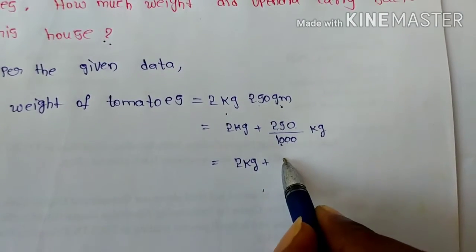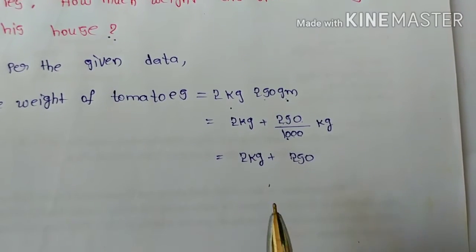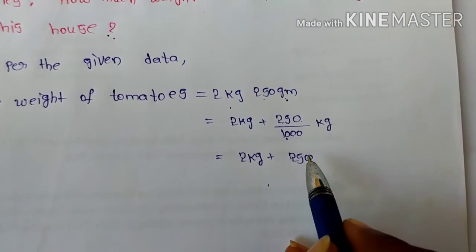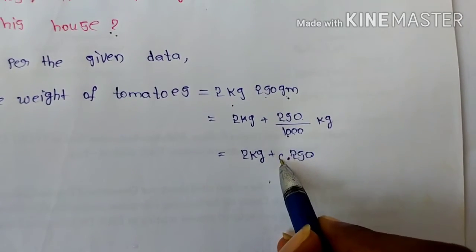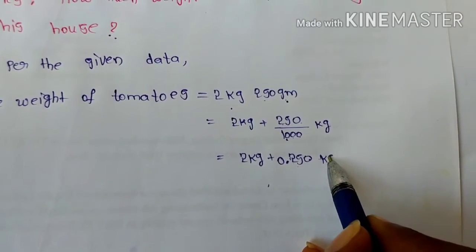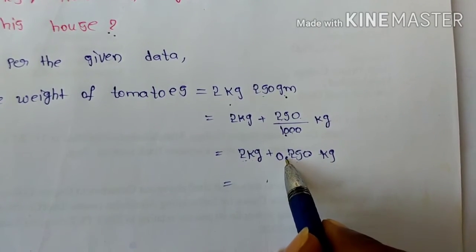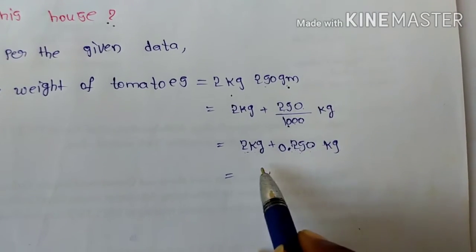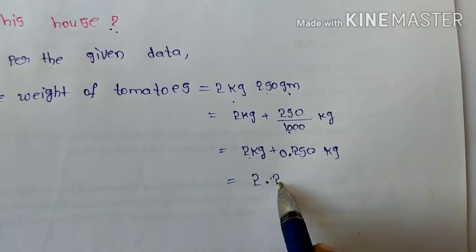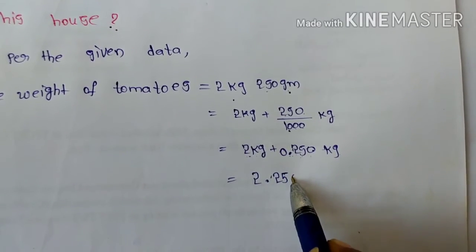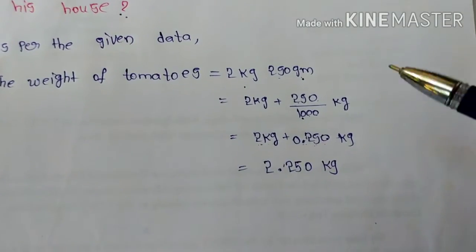So 0.250 kg. Then add 2.000 plus 0.250 kg, that means 2.250 kilograms. See, it is very easy.